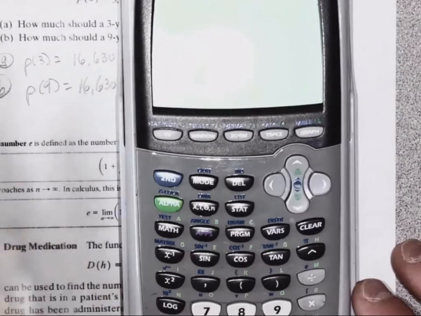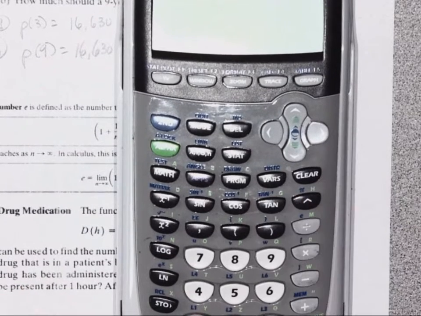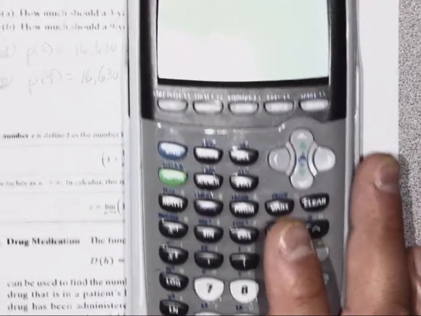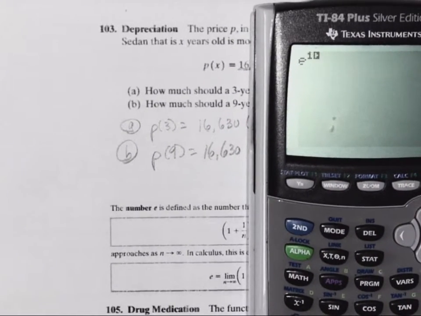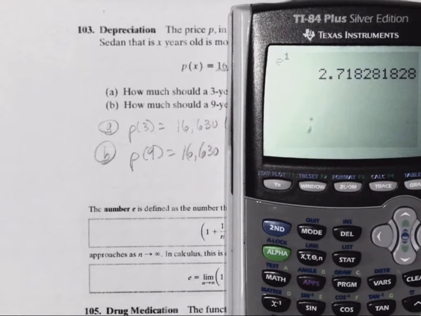If you find the ln button, right below logarithms, and notice you got an e to the x in blue there, so second ln, and that'll pull up e. And so if you do e to the first power, that's what the number e equals, 2.718281828, and it repeats. So that's what that expression approaches as n gets increasingly larger.